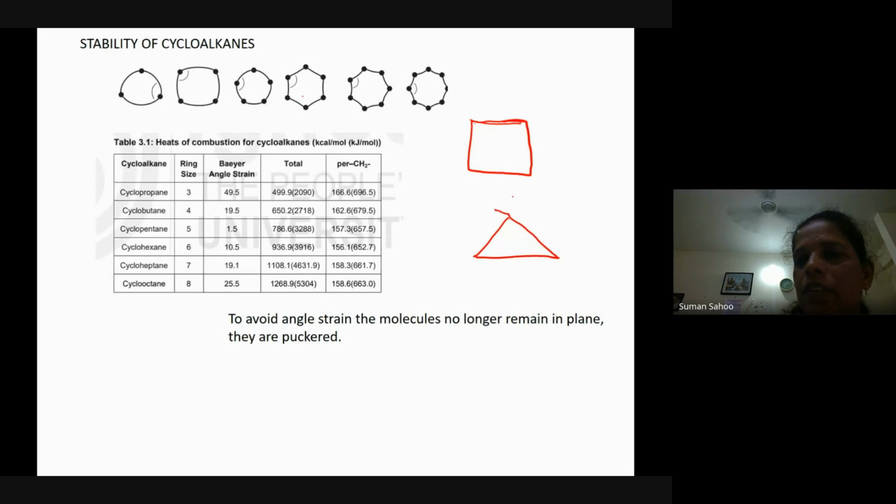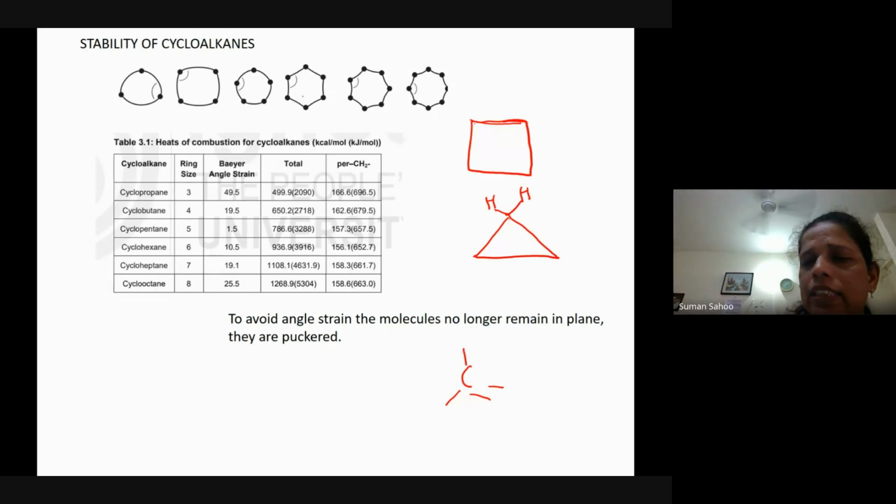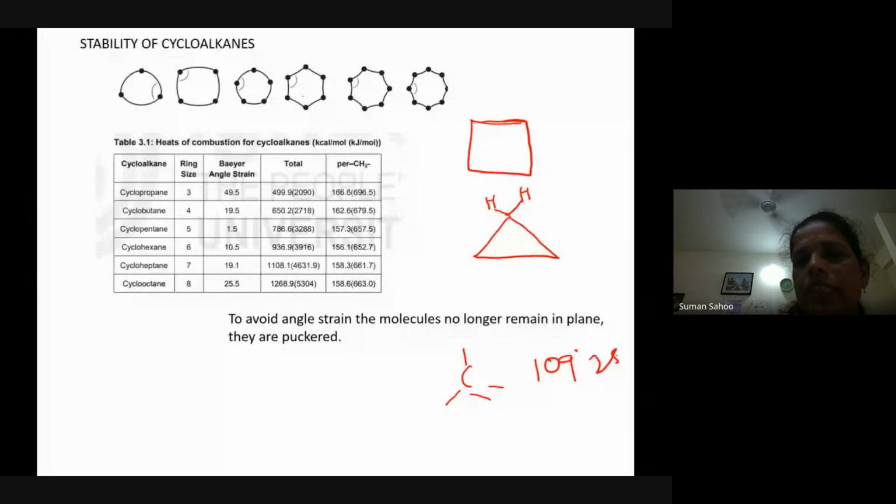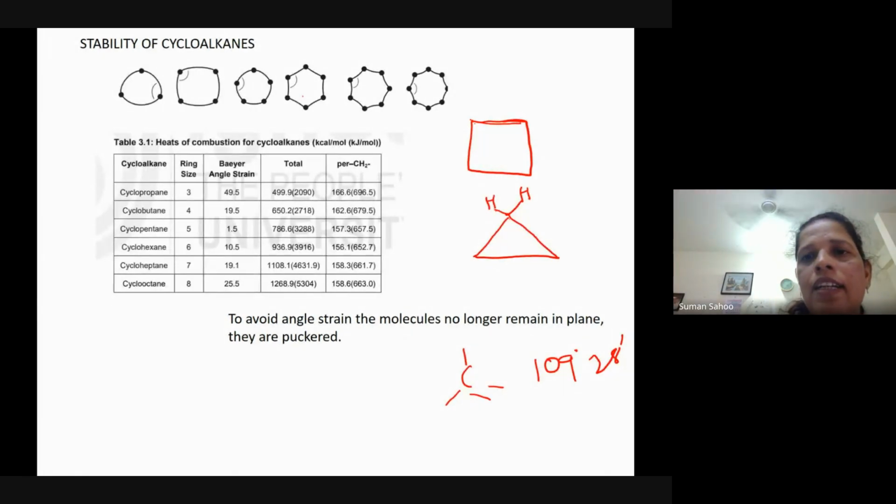This carbon has four substituents. We know that methane or anything similar should have a bond angle of 109 degrees 28 minutes, but when present in cyclic form, they are forced to have, in cyclopropane, a 60-degree bond angle. In this case, they are forced to have a 90-degree bond angle.